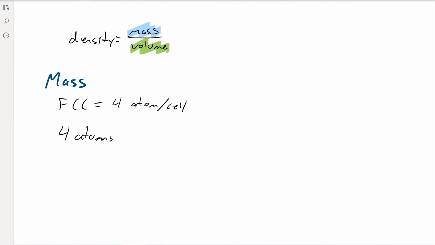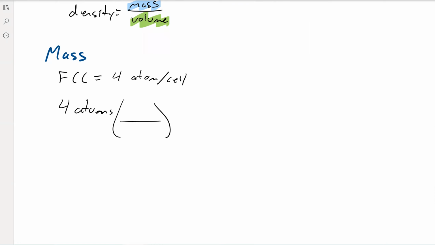Well, how much do 4 atoms weigh? If we're talking about the mass of a compound, we know its molar mass, which is grams per mole. And then we can relate moles to the number of atoms using Avogadro's number. So we can use 4 atoms divided by 6.022 times 10 to the 23 atoms in 1 mole.